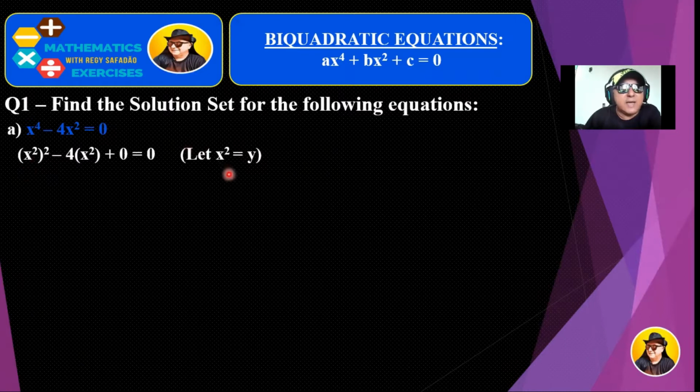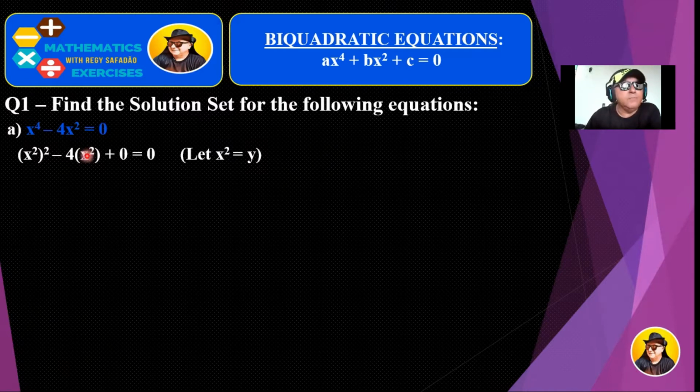And also I said that x squared is the same as y. So I change the variable, and before giving the answers, I have to turn back to the original variable of my question, okay? So pay attention to what I'm going to do. x squared is the same as y, so I will replace here and here by y.